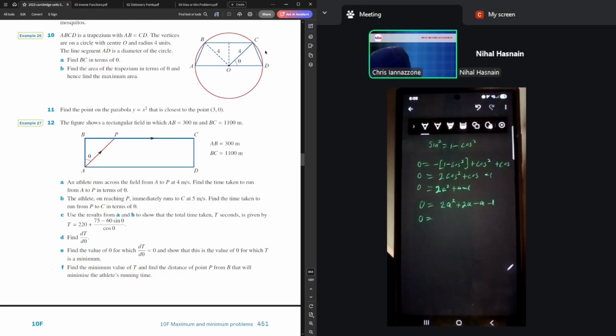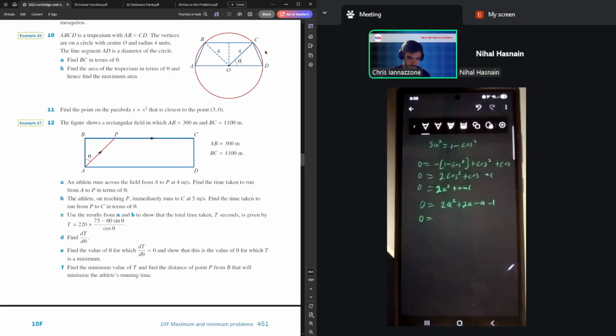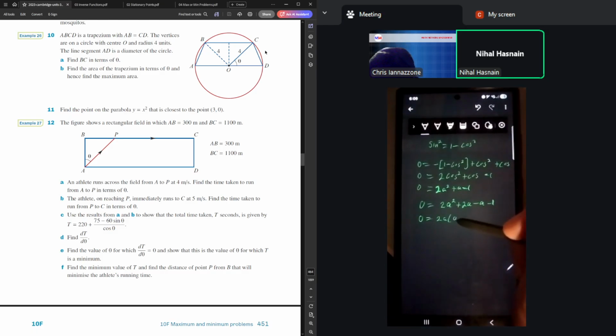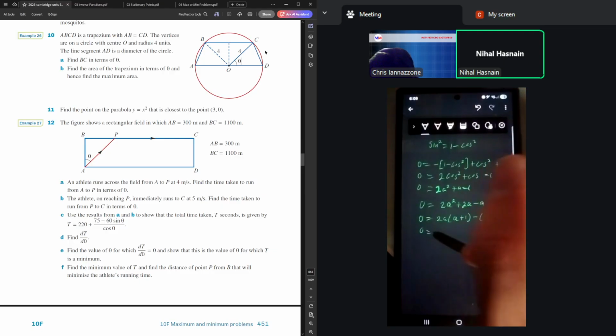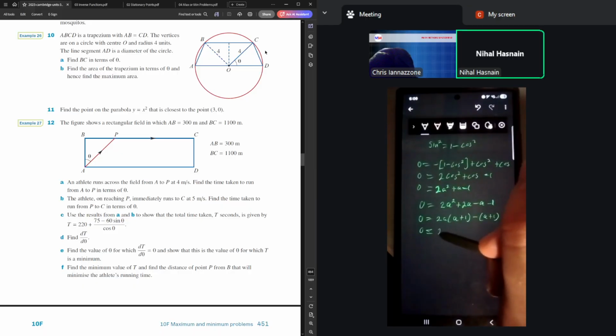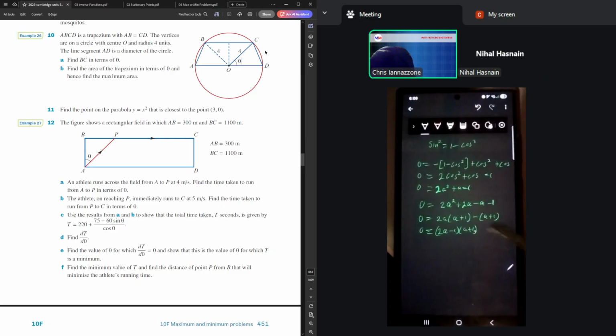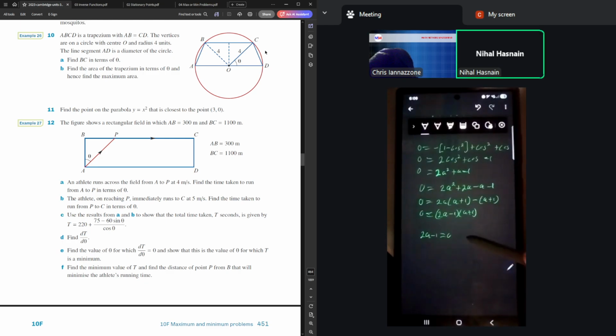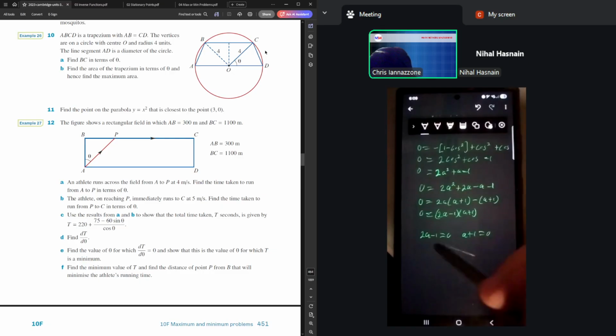All right, let's finish it up then. We can take out 2a from the first 2 terms and -1 from the last 2 terms. And we get 2a minus 1 times a plus 1 equals 0.